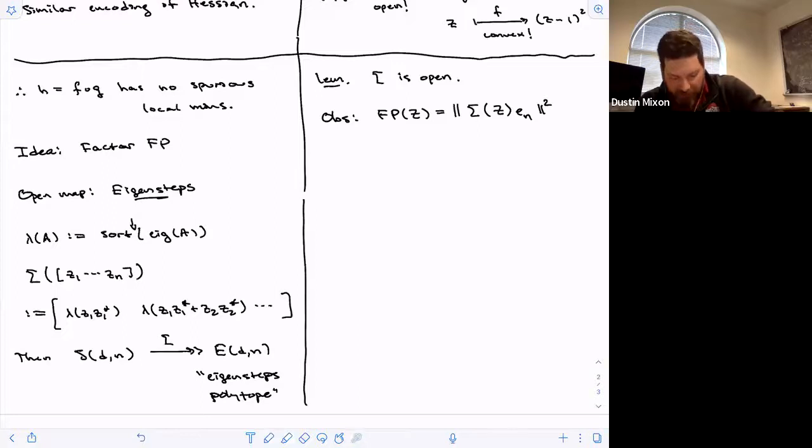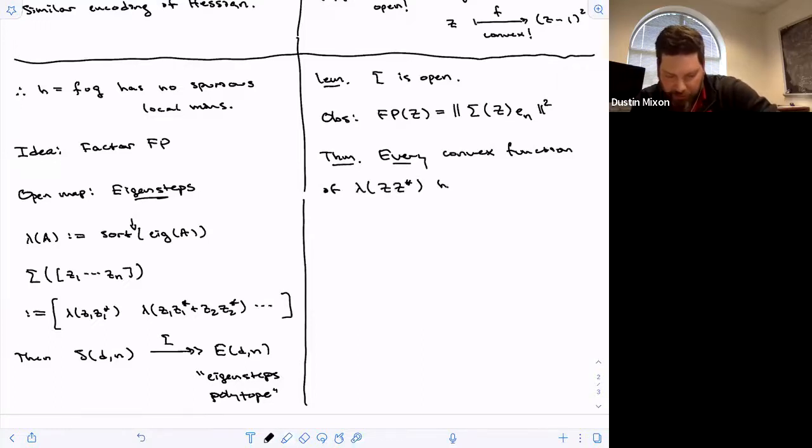So what we have is an open map applied to Z, and then a convex map on top of that. You can generalize this to get that every convex function of the eigenvalues of this frame operator has no spurious local minimizers.